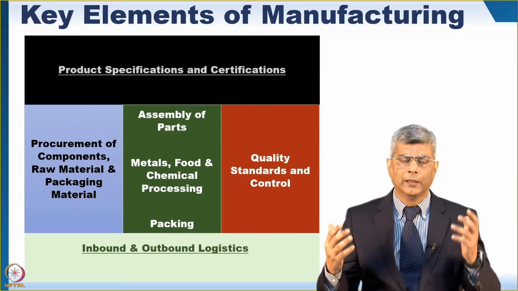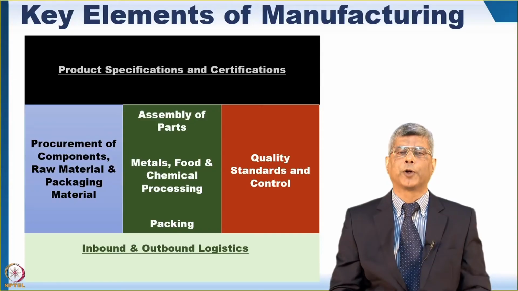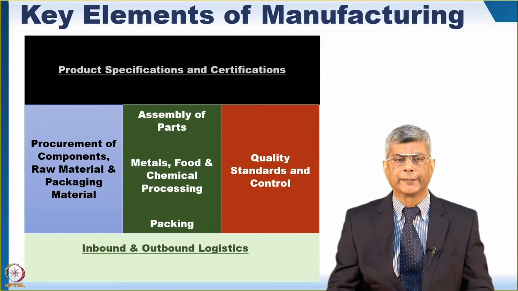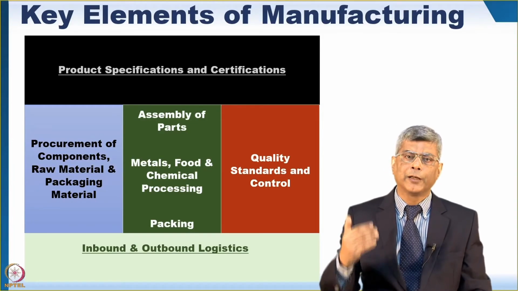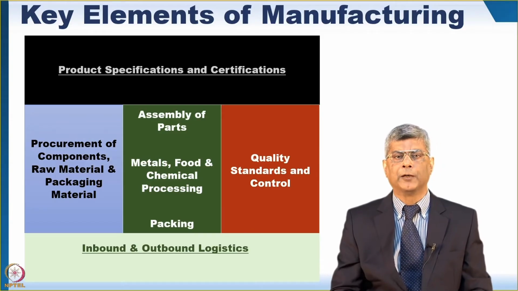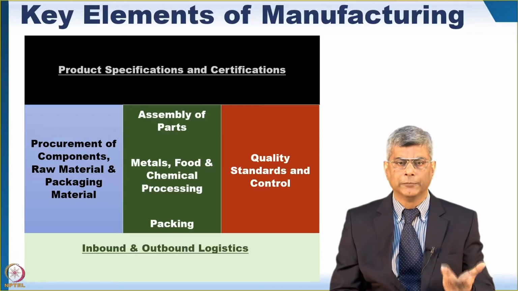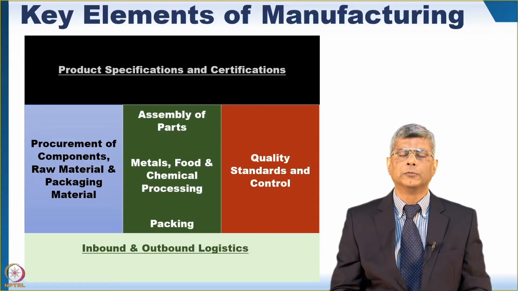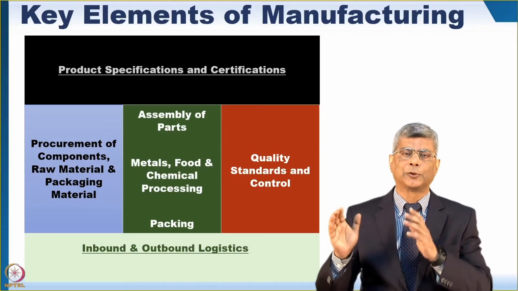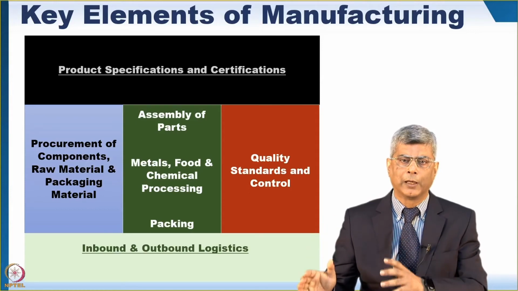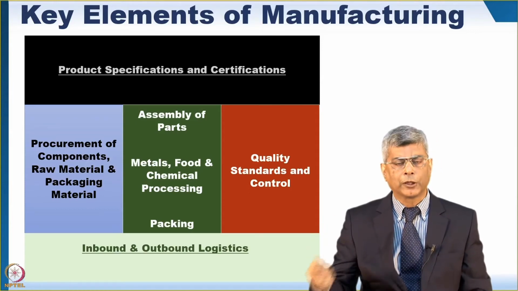That will destroy the goodwill of the product and the company, and people will fall sick. And you cannot have a car which keeps breaking down, or a phone which doesn't work. So the other part of manufacturing is quality standards and quality control. And we'll talk about it.